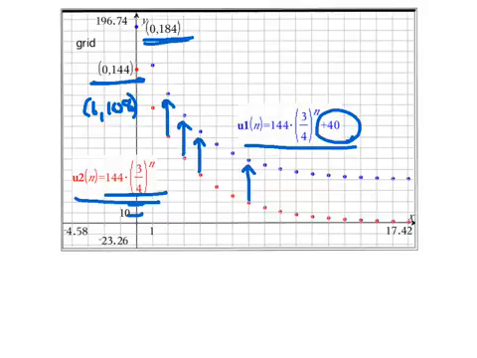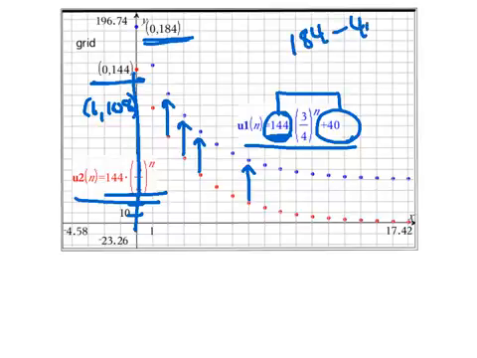So this 144 is no longer the height above the x-axis. But to get the 184, if I were to add the 144 and the 40 together, that would give me my 184. In other words, this value right here is my y value, my 184, minus the 40 units of my shift.